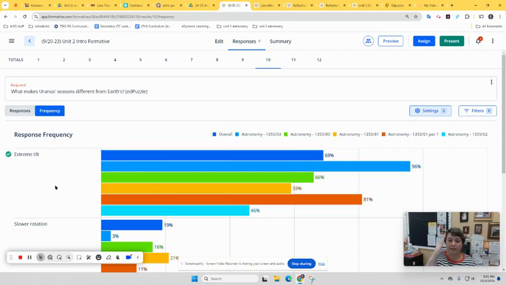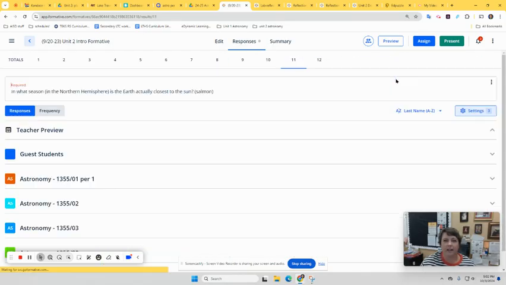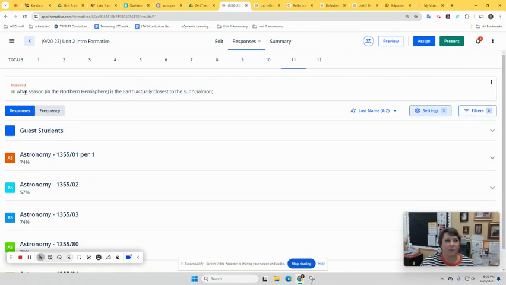We're tilted 23 degrees. Uranus is like this. So they're tilted way down like this. So the more you tilt, the more extreme your seasons are. So that is why the seasons are different on Uranus. Okay, number 11. In what season in the northern hemisphere is the Earth actually closest to the sun?